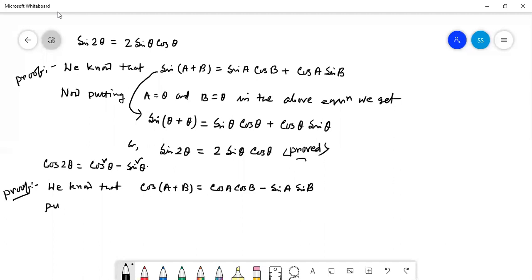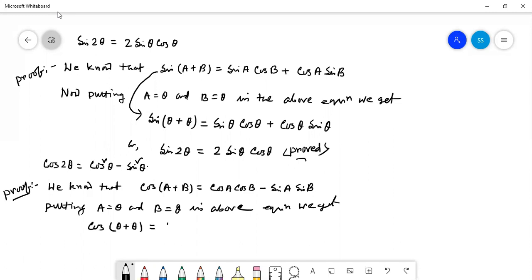Again, putting a equal to theta and b equal to theta in the above equation, we get cos of a means theta plus b means theta is equal to cos of a means theta into cos of b means theta minus sin of a means theta sin of b means theta.